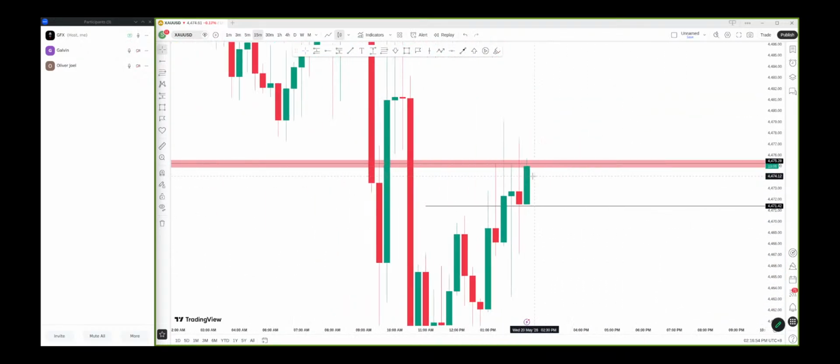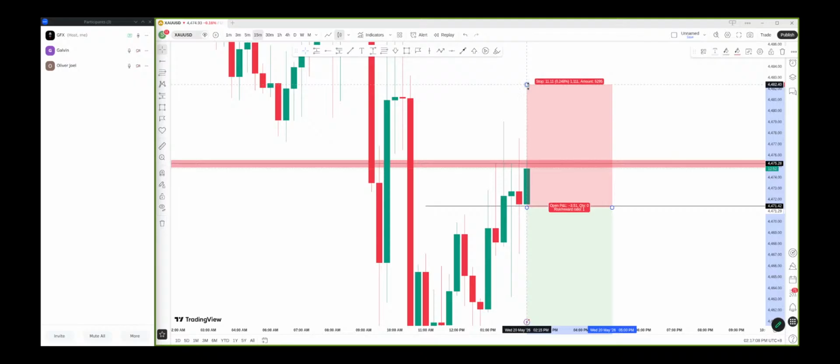Rejection on the previous support. Beautiful. Stop loss is going to be about 46. Still okay. Round it off to 50.